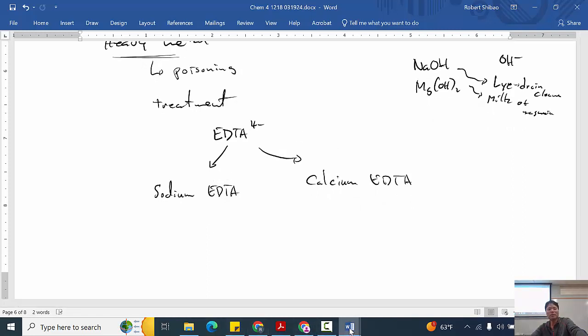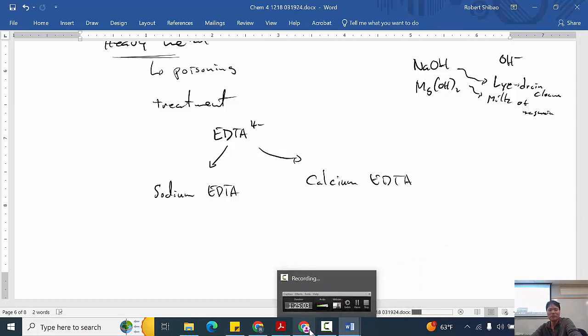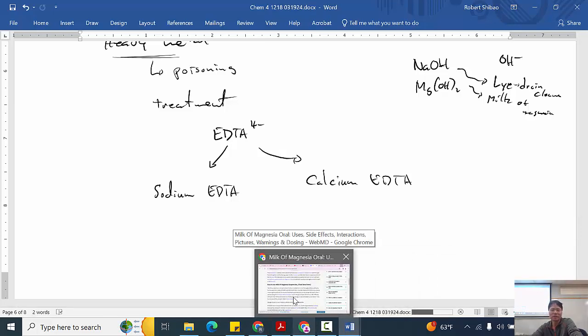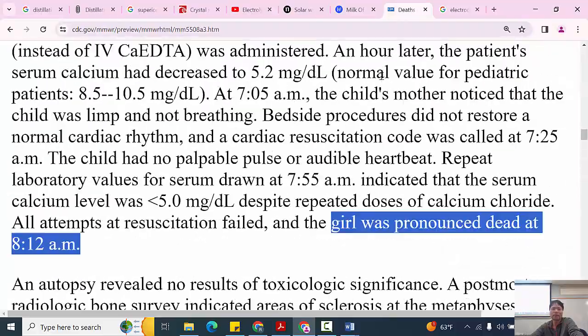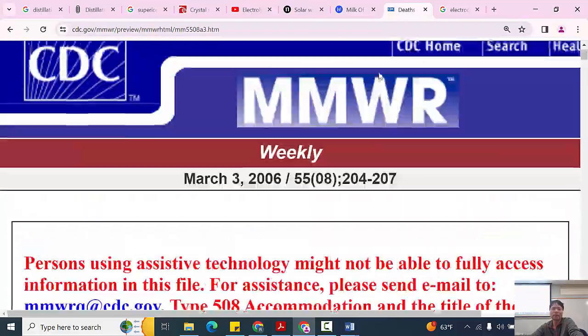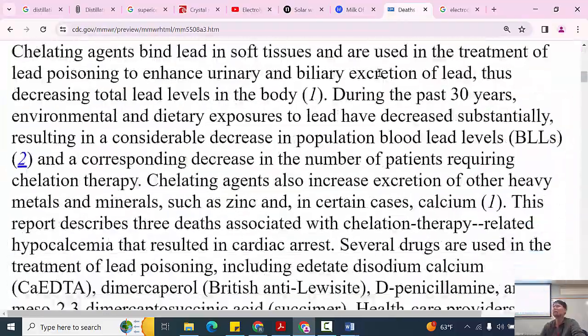All right, and so both of these options are available at the hospital. So let me just finish with this. This is called chelation therapy. So chelating agents bind to lead. And lead poisoning is a problem.